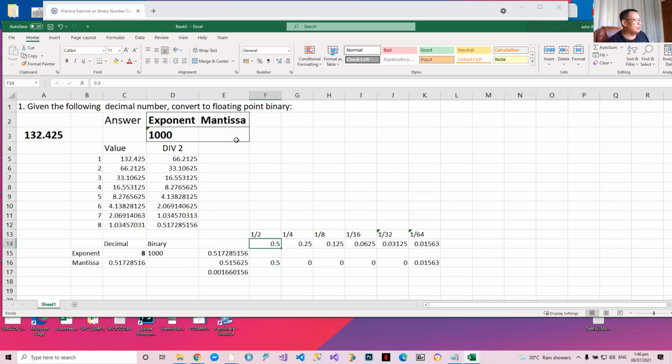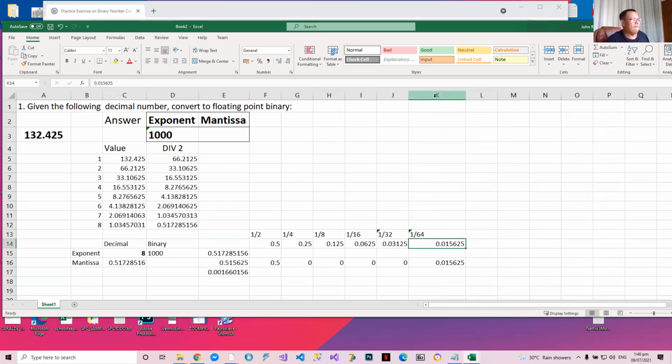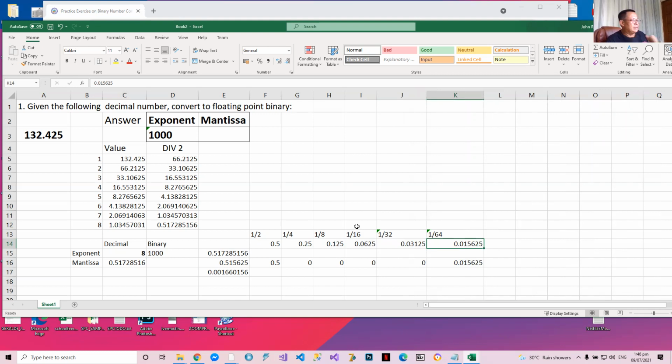So this is our places, place values. Anyway, I think this is already correct. You follow? It's already correct. I have copied it by value, but it's still correct.